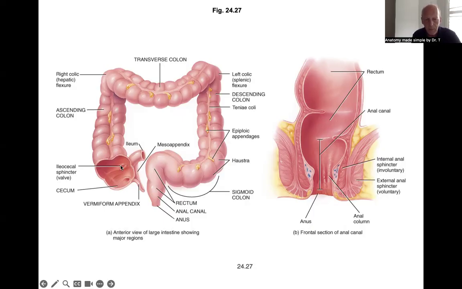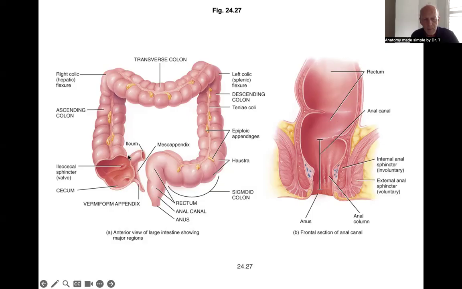They form what is called ileocecal junction, and at the point where ileum and the cecum connect, basically mucous membrane creates a bit of a loose fold, and that fold is acting as functional valve that is preventing that the chyme re-enters back to ileum from the cecum. So it's more a functional valve. This word sphincter really should not be here because there is no circular arrangement of muscle fibers around this area.